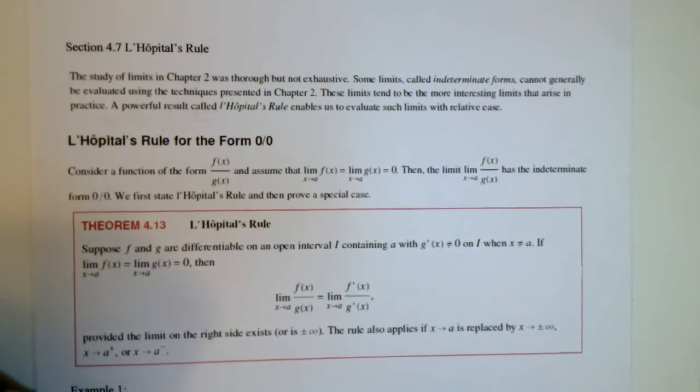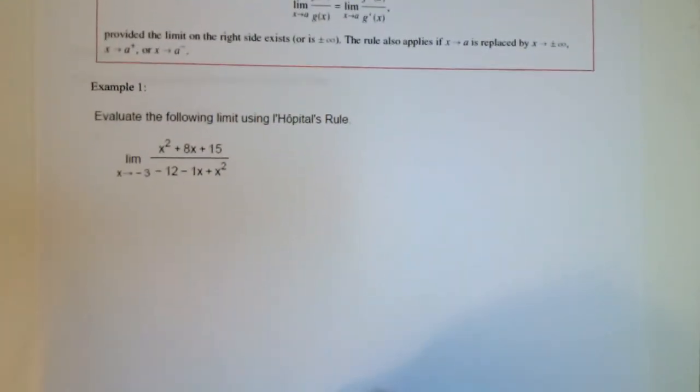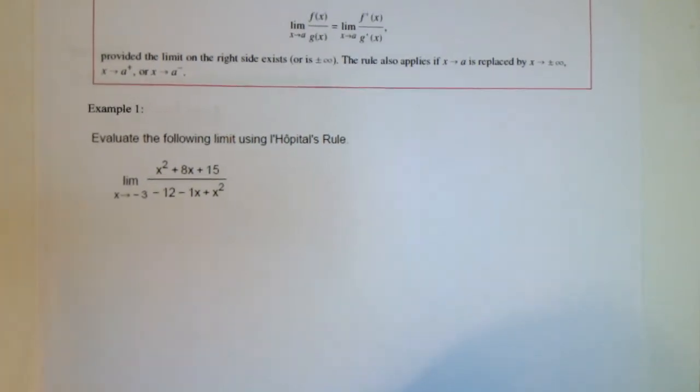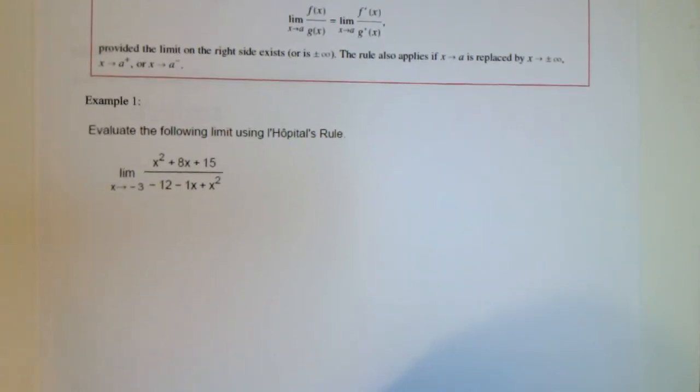All right, so now let's take a look at this first example. We're going to apply L'Hopital's rule, which is that theorem that I just presented to you, to evaluate the limit as x approaches -3 of x squared plus 8x plus 15 divided by -12 minus x plus x squared.